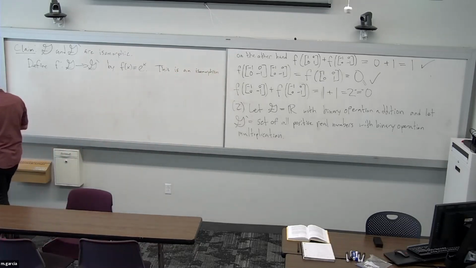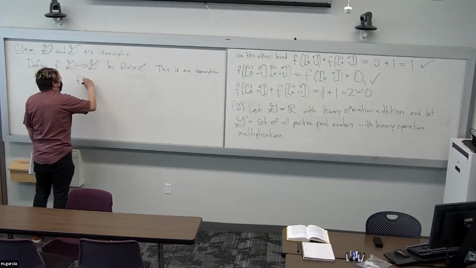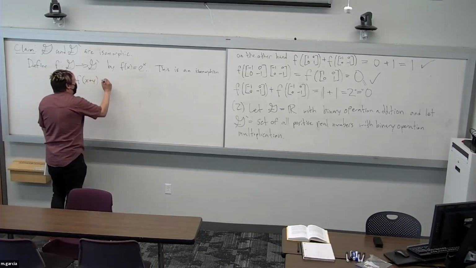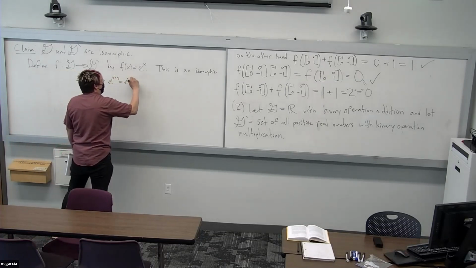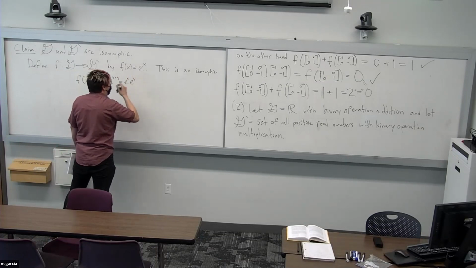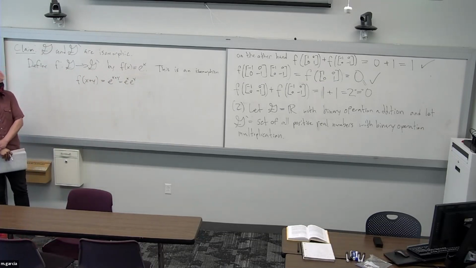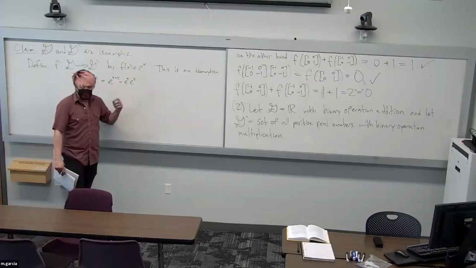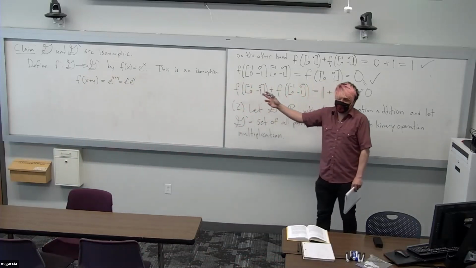This isn't a proof, but let me just show you something. If we take f of x plus y for some real numbers x and y, we get e to the x plus y, or in other words, e to the x times e to the y. So we've translated addition into multiplication. There's a lot of things to verify here about this actually being an isomorphism.